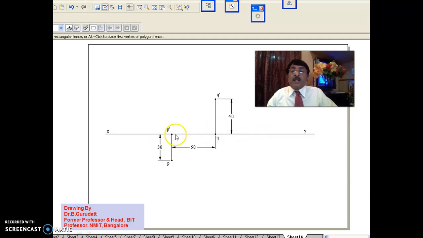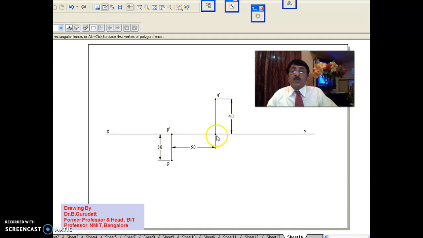In the same way here, P dash, Q dash, R dash, S dash, if it is on HP, the distance above HP is 0. Hence if dashes are on the XY line, immediately you say those points are lying on HP. If they are lying on HP, how much in front of VP? 30 mm. Now it is distance in front of VP is 0.